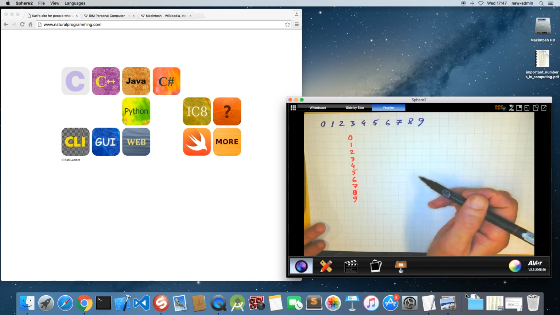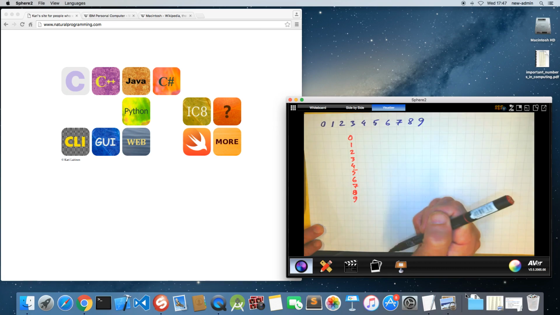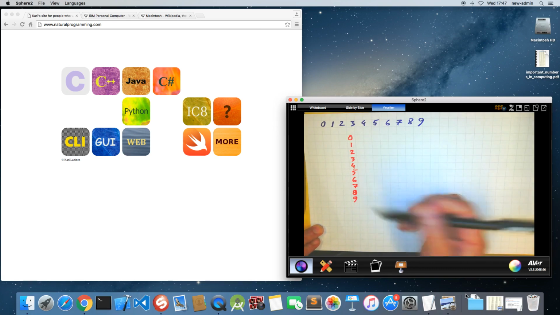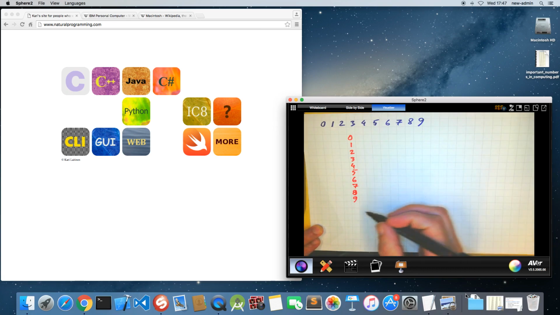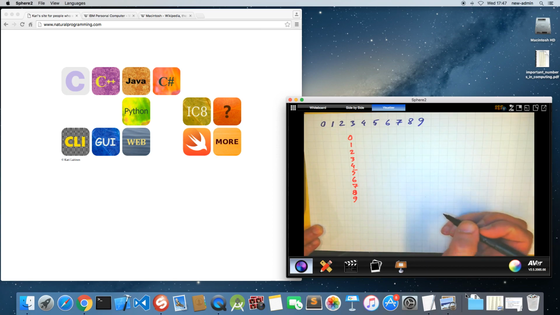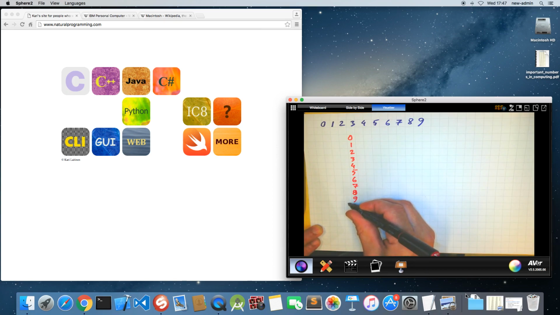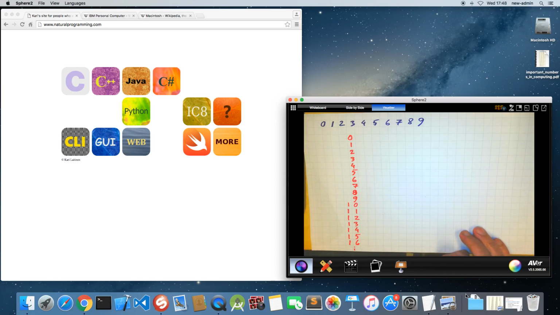And so when we want to express bigger numbers than 9, then we start using a new column in our numbers. So we put a 1 there, and then we start again, and we can continue this operation forever if we like.